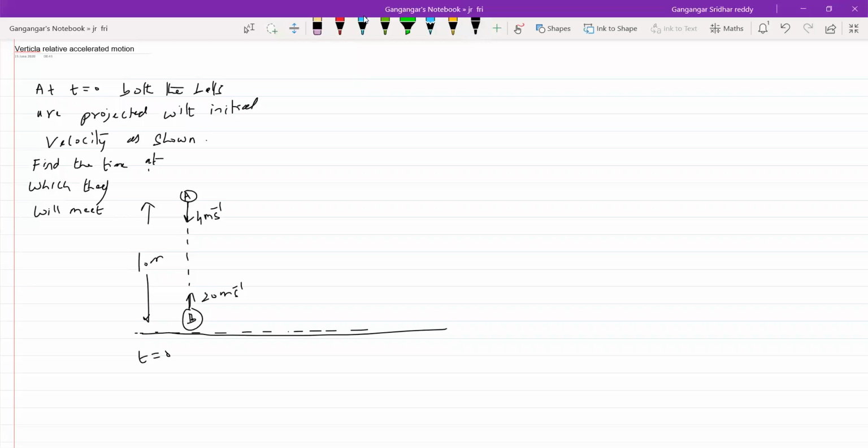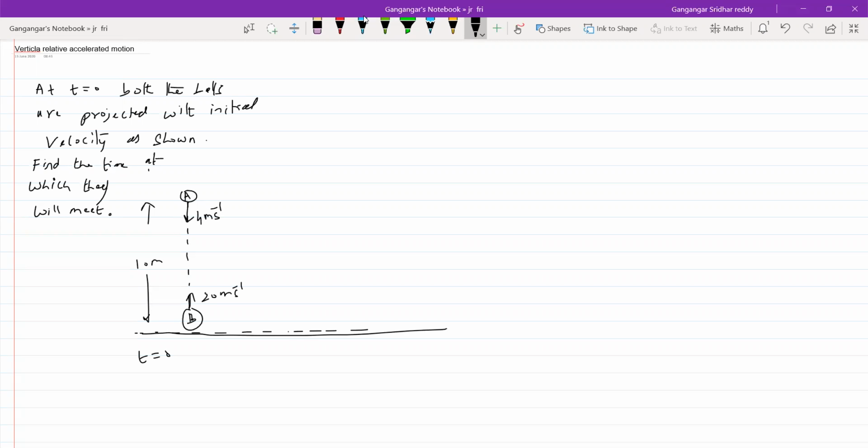So there's a 10 meter separation between the bodies, the particles. Balls initially 10 meter apart, that one I'll project it. Now find the time at which they will meet. That was the question asked here.